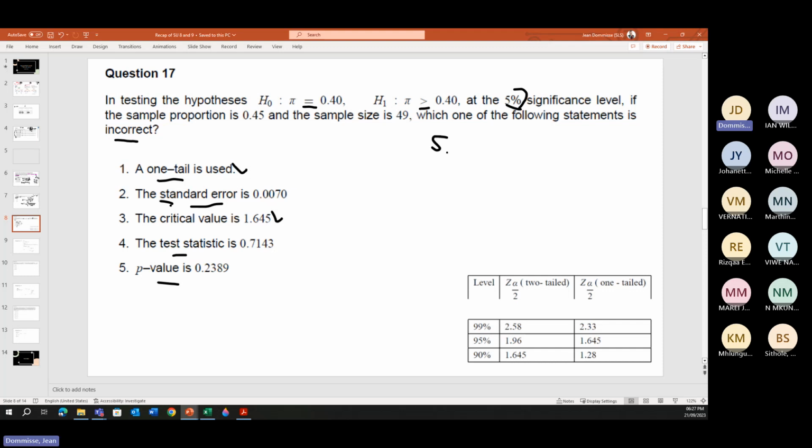Remember, standard error is this part of that Z component. We know that the pi is 0.4.